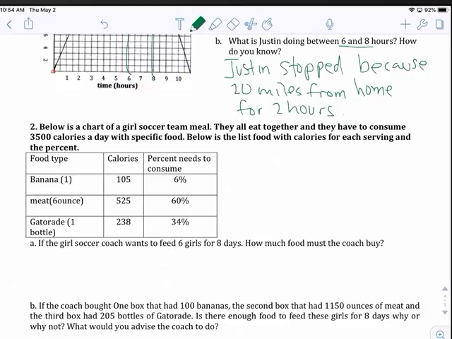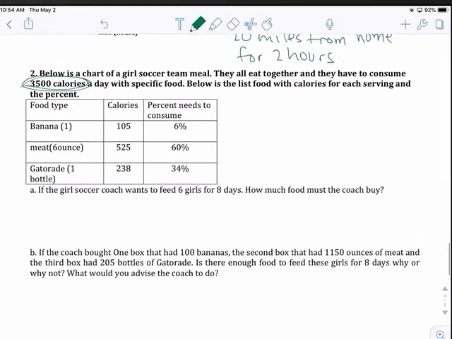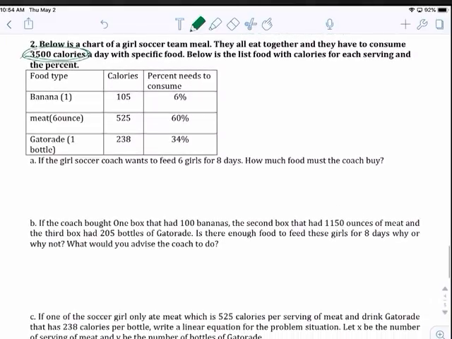Below is a chart of a girls' soccer team meals. They all eat together and they have to consume 3,500 calories a day. Below is a list of food with calories for each serving. Let's do C first.